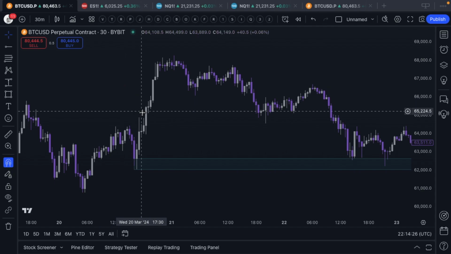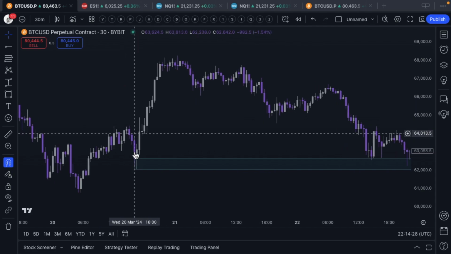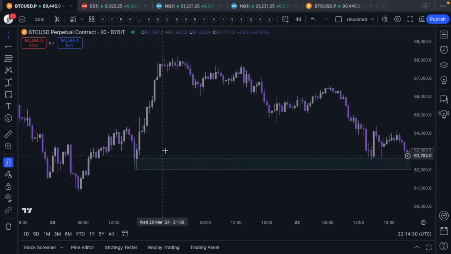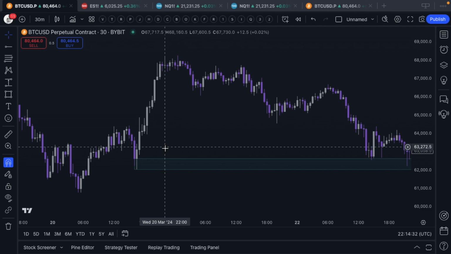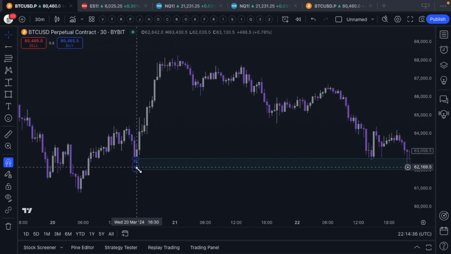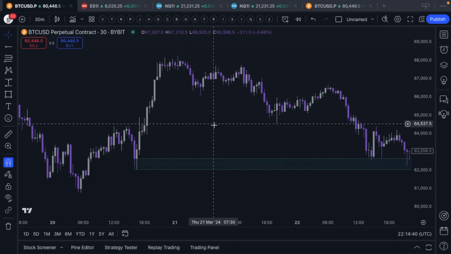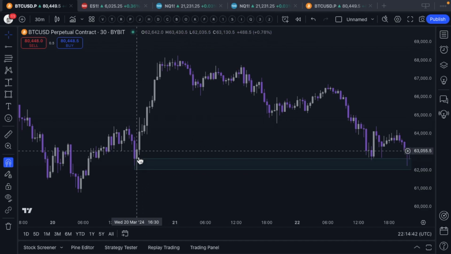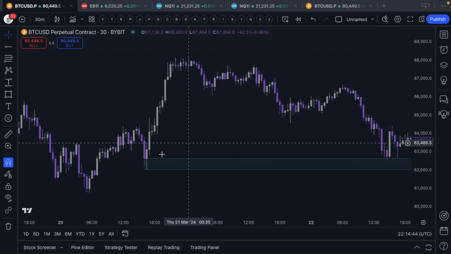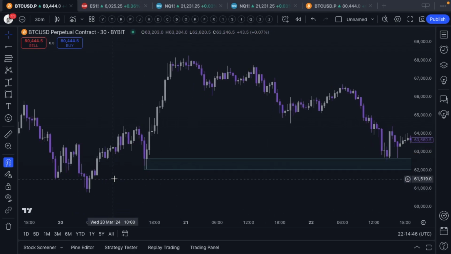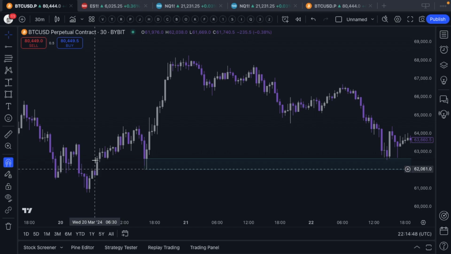And then finally here we have what is called the rejection block. So the rejection block, it can look quite a bit different, but what it really needs to do is price needs to come into a zone and it needs to find a reaction to that zone. Okay, so it could be a low. In this case, we've got an order block here, more of a pivot actually.